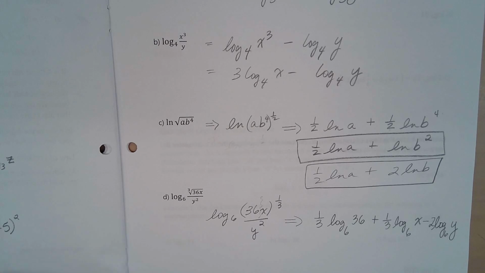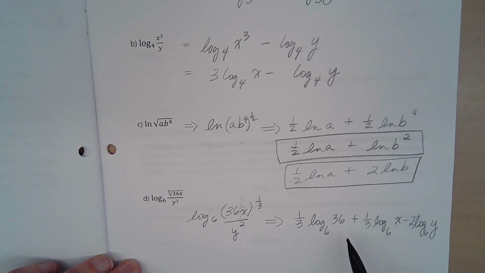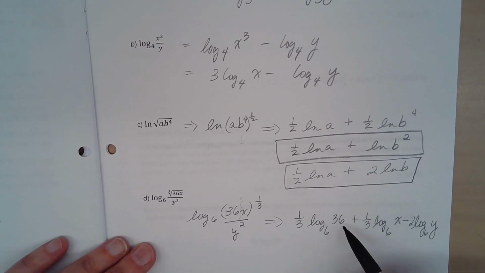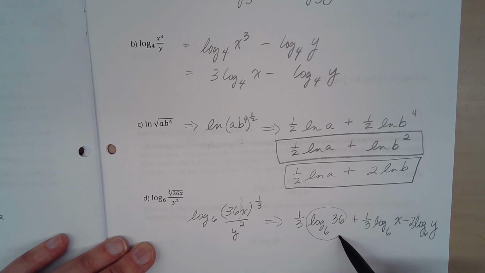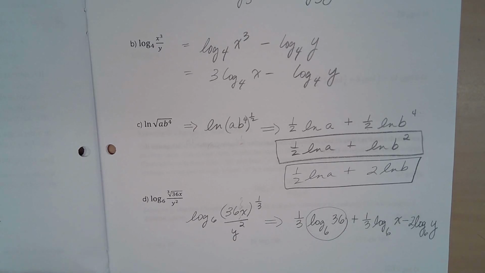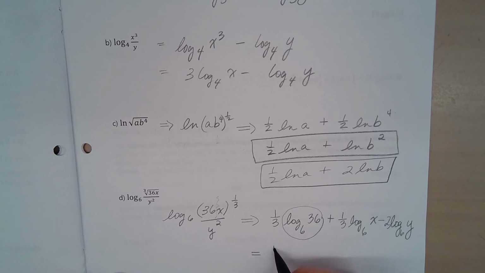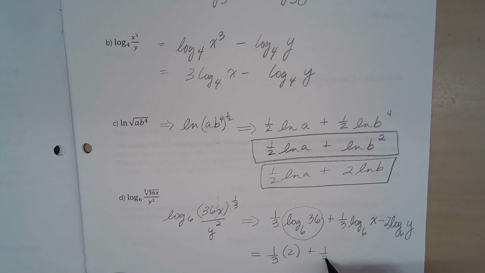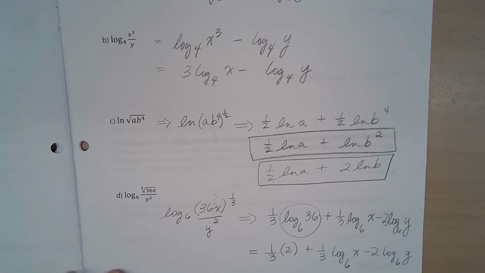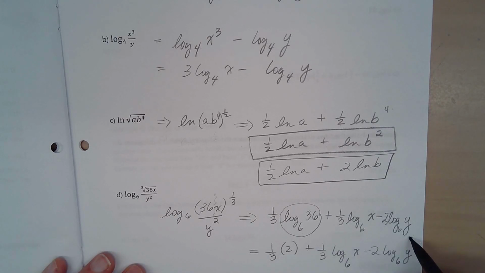Sorry. Can you change that log base 6 of 36? Yeah, you could actually simplify further, okay? If you were simplifying as much as you could, because what is log in base 6 of 36? Just 2, right? So this would be 1/3 times 2 plus 1/3 log base 6 of x minus 2 log base 6 of y, which would become just 2/3.